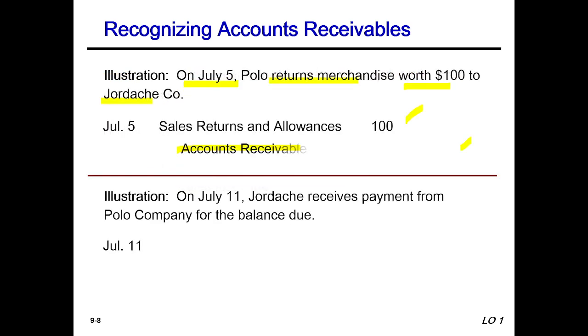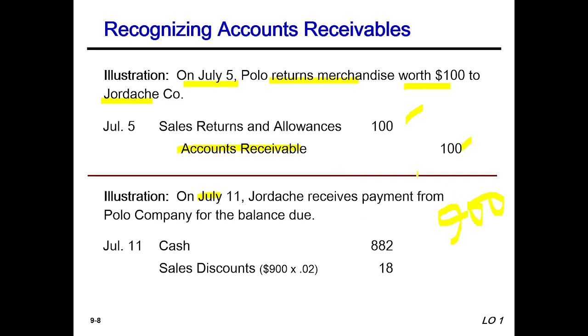So here is the point. George's company receives payment from Polo company on July 11, so Polo company will get some benefit here. The 2% benefit applies to the amount $900, that is 1000 minus 100.